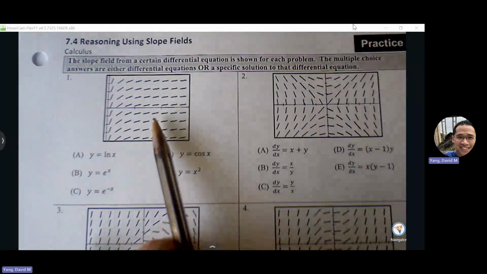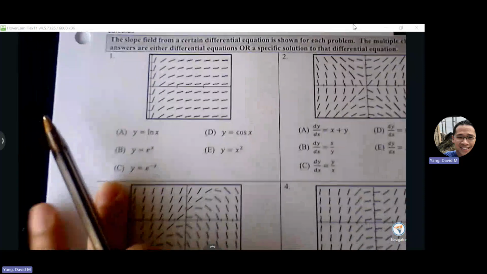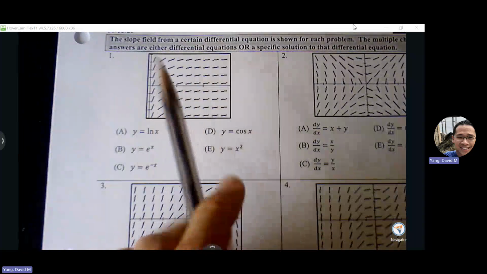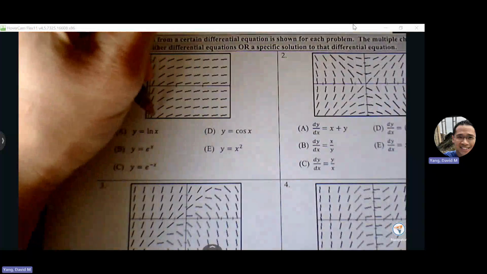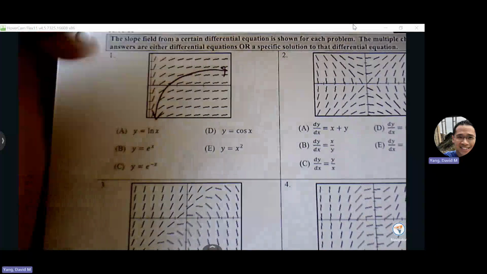If you're trying to match a slope field with something at the function level, then you're simply looking at the flow or the shape of the graph. If we start at a point and follow where that graph is headed, what does that look like to you?